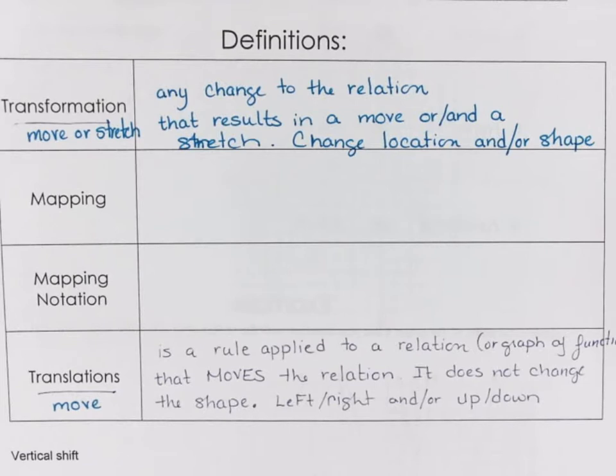So mapping. Mapping is super fun. I'm going to do this with my grade 10 intros. All you're doing with mapping is you're relating one set of data to another set of data in the relation, like your XY charts, right? Your X is related to your Y, and there's a specific relation between them.